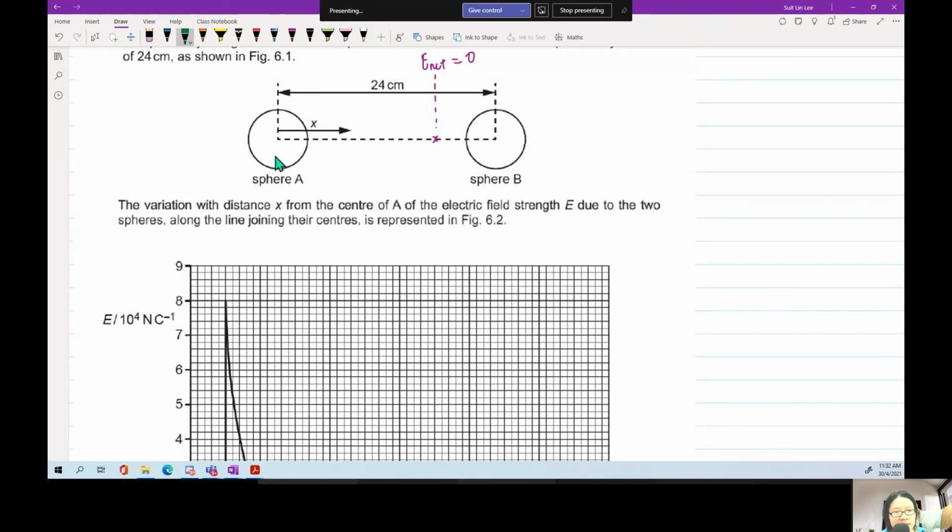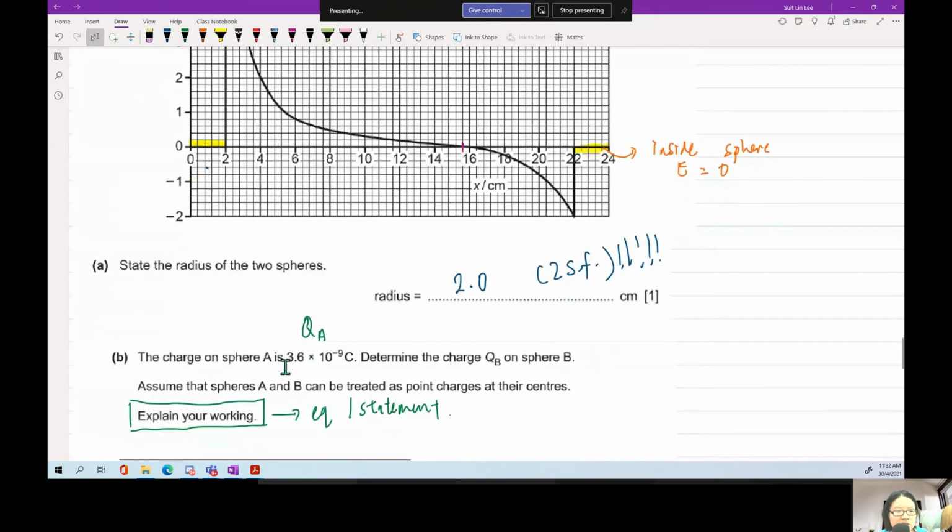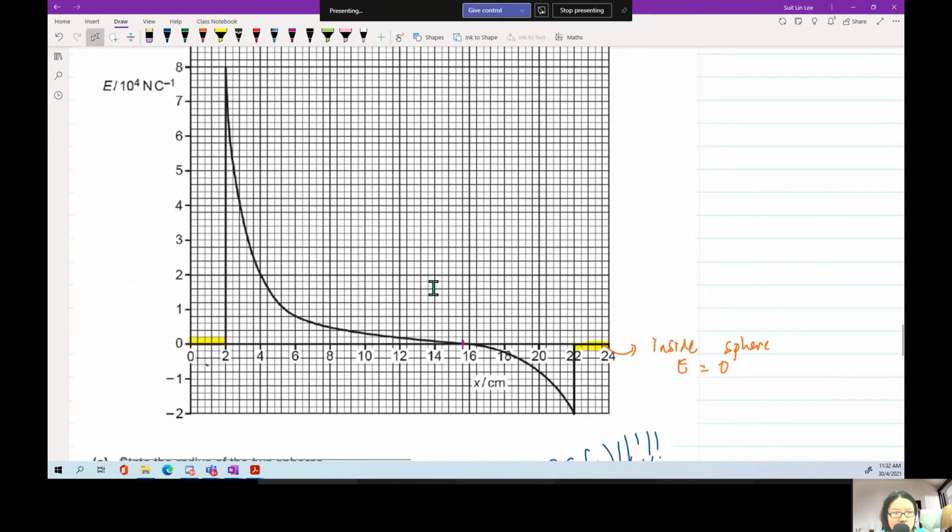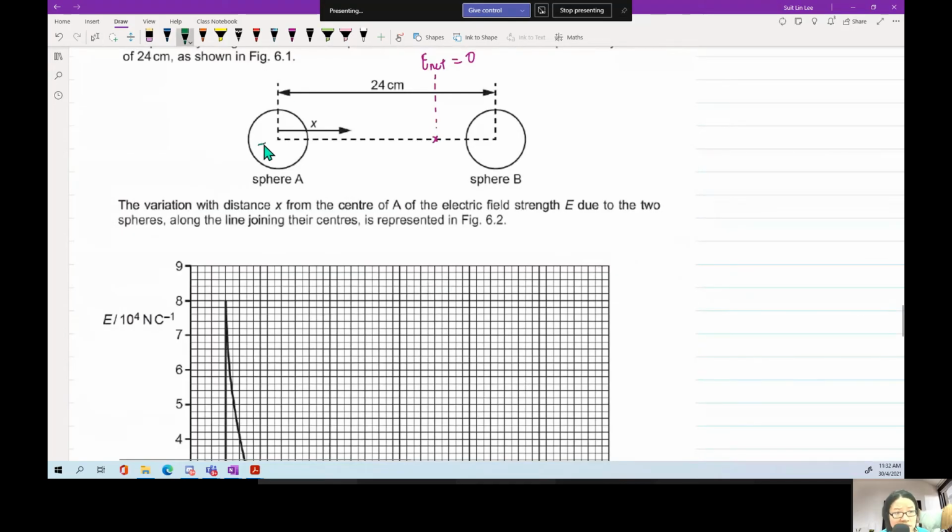So let's say this is sphere A, and sphere A's charge is this much. I am going to assume it's positive because they didn't say anything. Positive means it's pushing away. This is EA. Then for sphere B to cancel out EA, QB should also push in this direction.